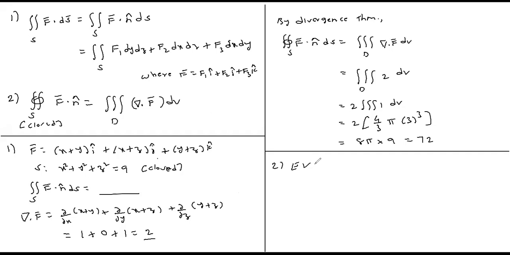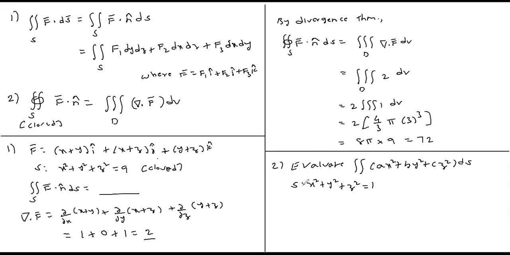Evaluate the surface integral of (ax square plus by square plus cz square) ds taken over the unit sphere x square plus y square plus z square equal to 1.